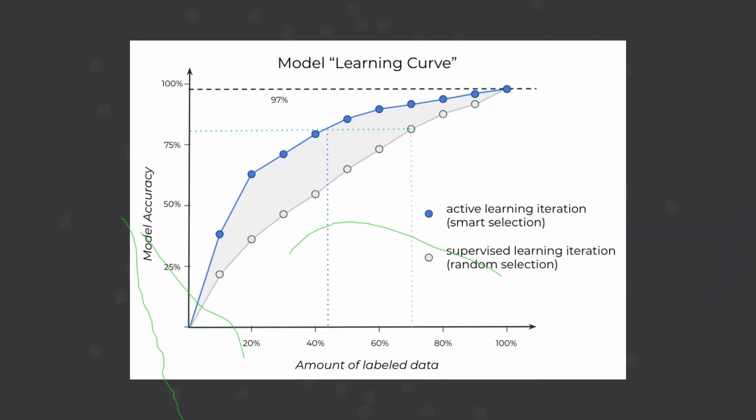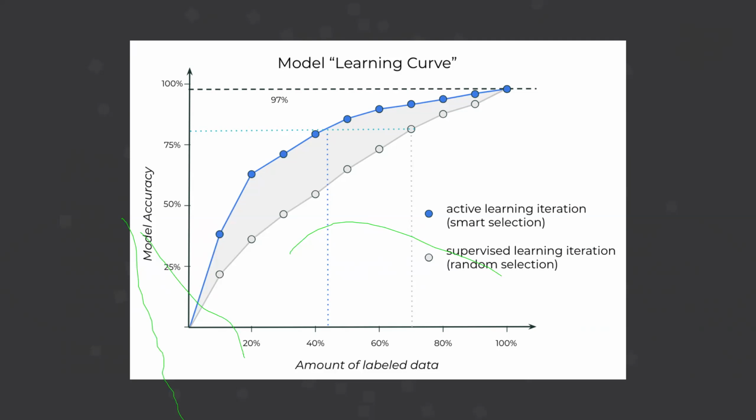Here is a plot presenting two models' learning curves. The X-axis represents the amount of labeled data. The Y-axis represents model accuracy. If you use the whole data set to label and build the model, it gives 97% accuracy. Then we go with the iterative approach. Each cycle, with a blue circle and a gray circle, represents the model performance when using a subset of labeled data to train.